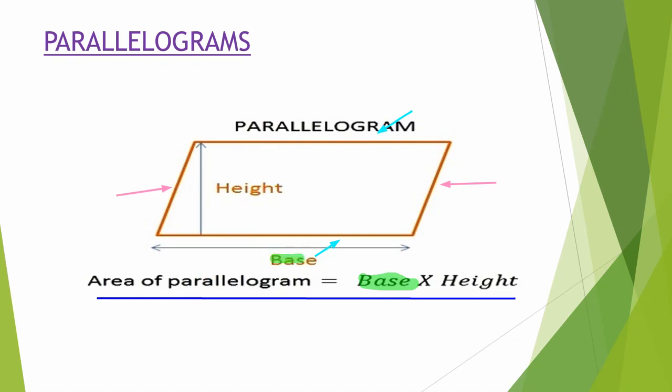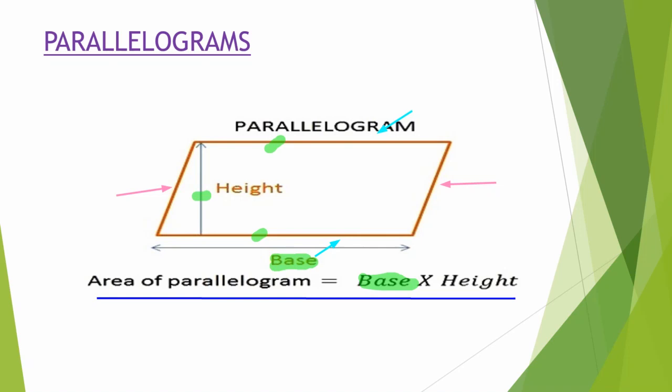Here you can see that the base is this side, and the height is the perpendicular distance between the two parallel sides. So which are the parallel sides? One which is highlighted and the other parallel side is this. And then this will be the height, the distance between the two parallel sides.